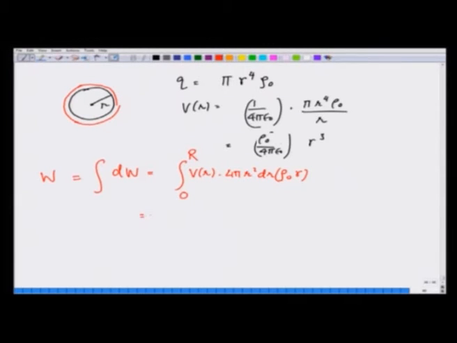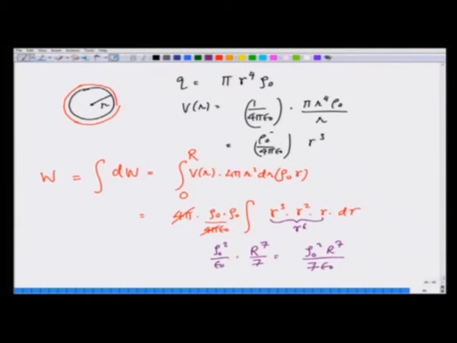So, 4 pi comes out, V r is nothing but rho naught over 4 pi epsilon 0 times r cubed, integration of r cubed times r squared times r dr, and there is an extra rho naught coming from the charge. So, 4 pi cancels, I get rho naught squared over epsilon 0 times r raised to 6, so I get r raised to 7 over 7, which is rho naught squared r raised to 7 over 7 epsilon 0 is the total work done.